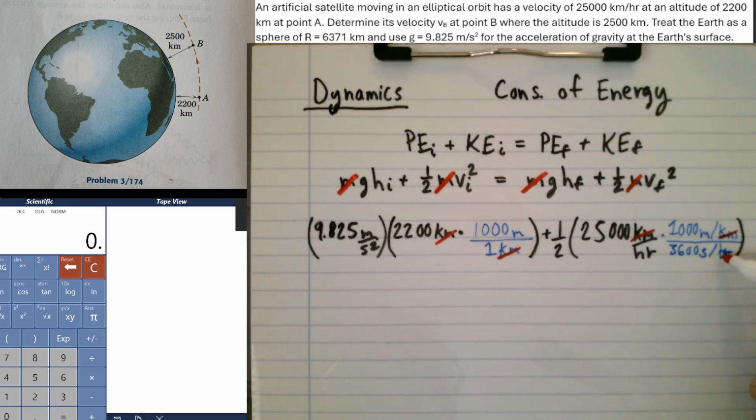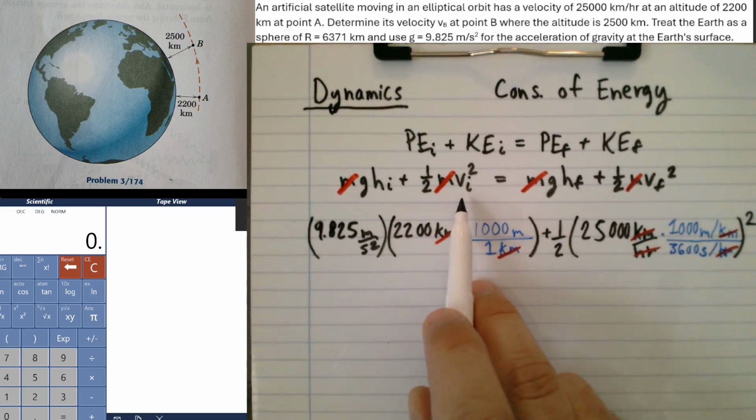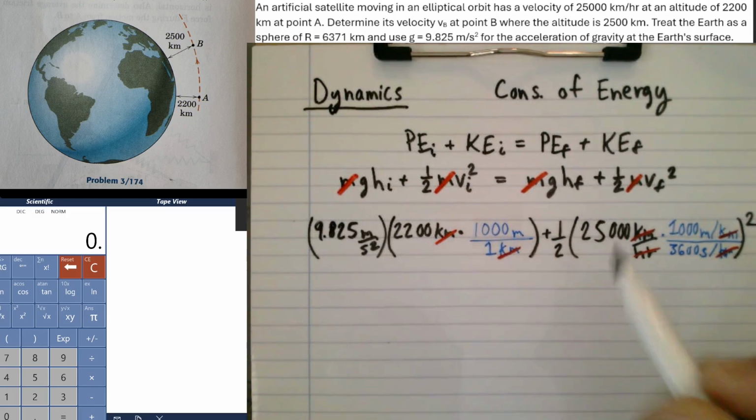When we divide by hours in the bottom of this fraction, hours will flip to the top, take the reciprocal, and hours per hour will also cancel. So we have meters per second multiplied by this conversion factor. And then we also remember to square this. This is the initial velocity term here, vi squared.